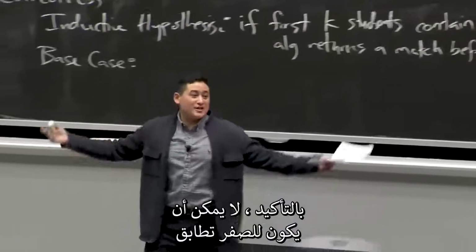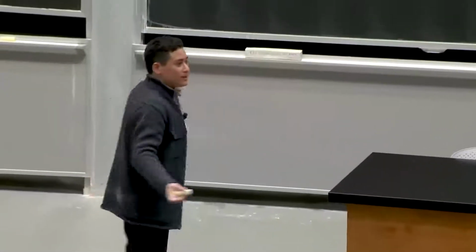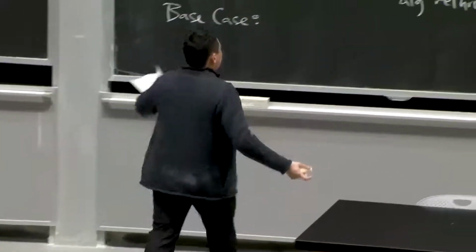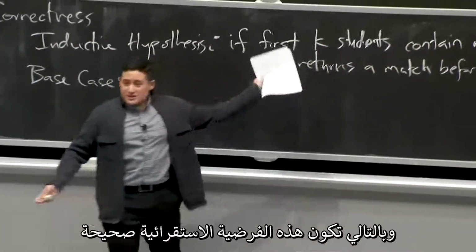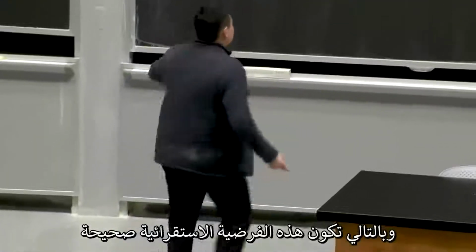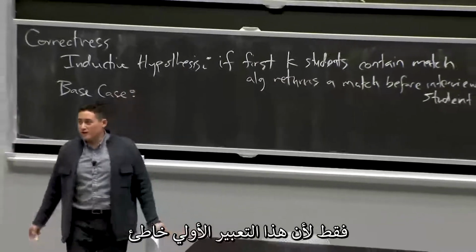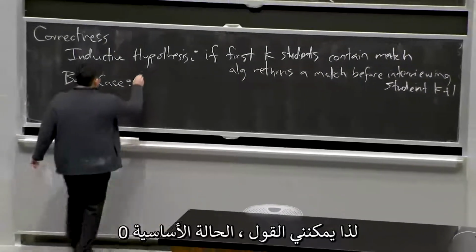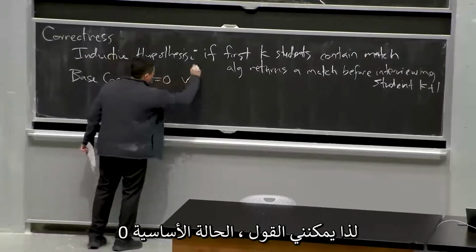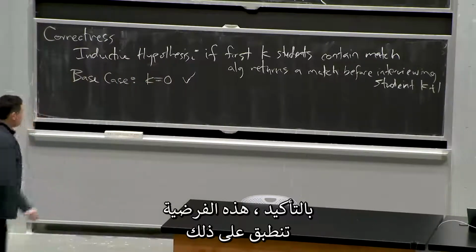Certainly the first 0 can't have a match. And so this inductive hypothesis is true just because this initial predicate is false. So I can say, base case 0, check. Definitely this predicate holds for that. Okay.